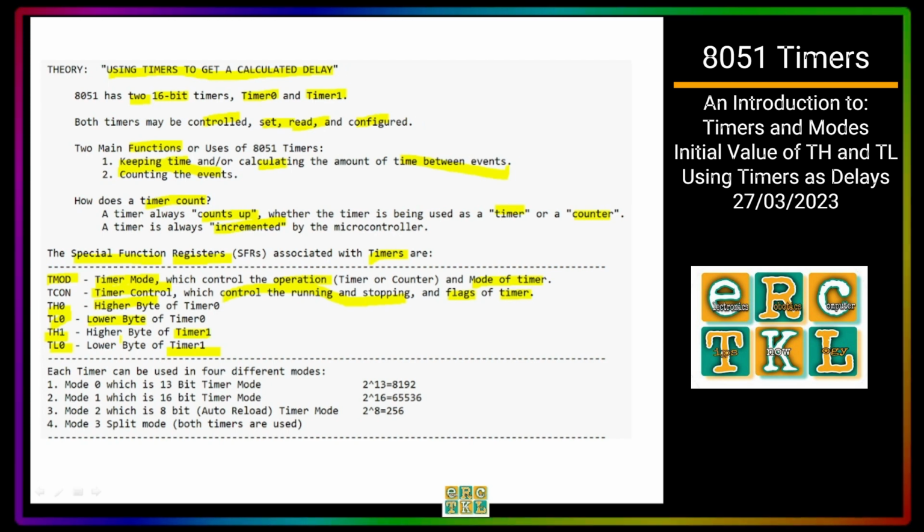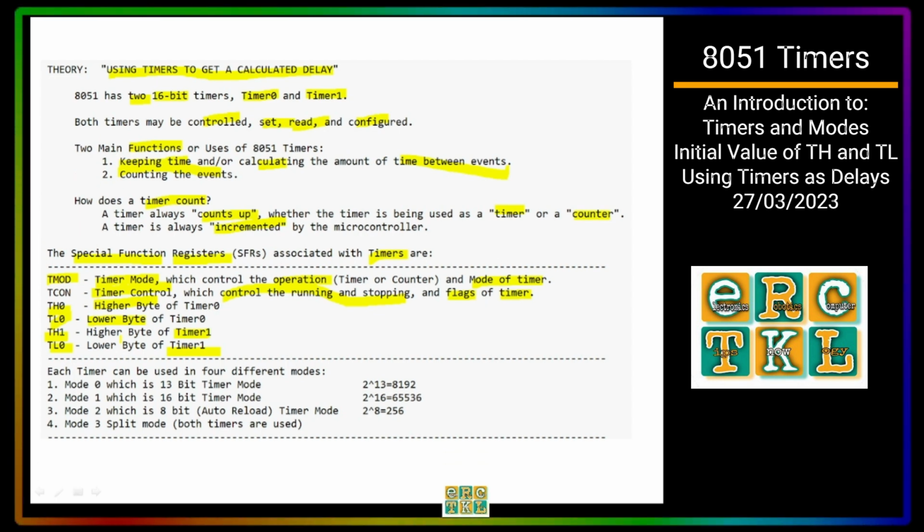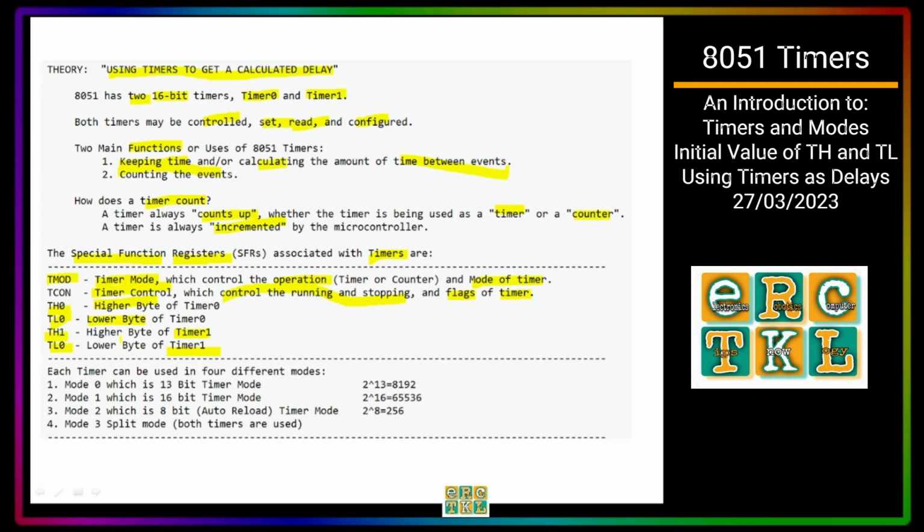We put 1 so that we know it's timer 1. So if I say timer 1, it means we will be using TH1 and TL1. If I say timer 0, it means TH0 and TL0. Later we will calculate the value that we will put in the TH and the TL, okay, in the program.